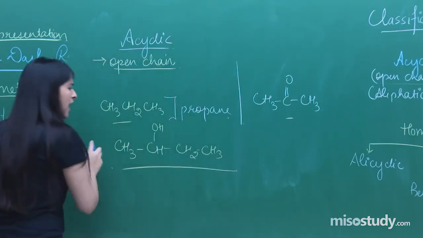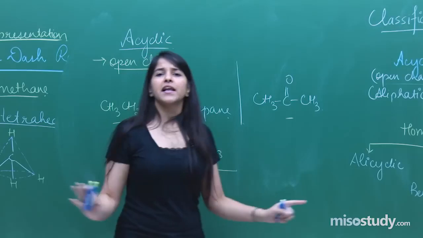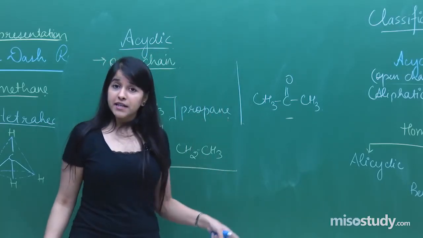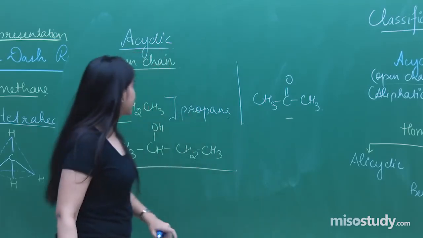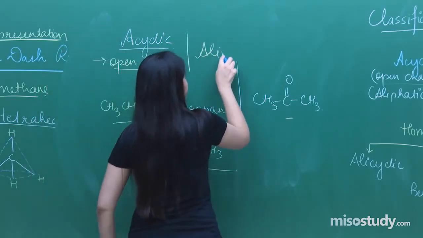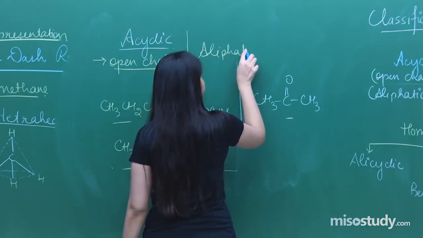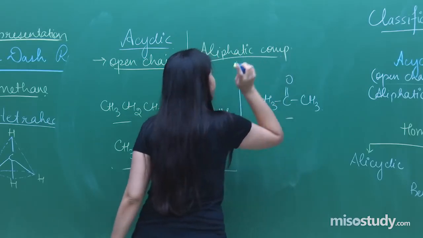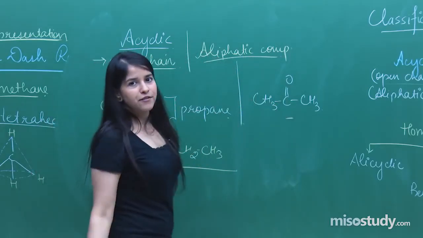I can have ample examples, millions and millions of compounds having no rings. So these compounds are included in the acyclic, also known as aliphatic compounds.